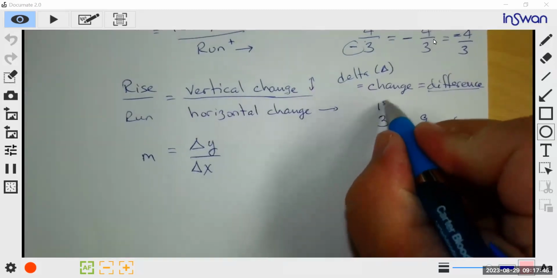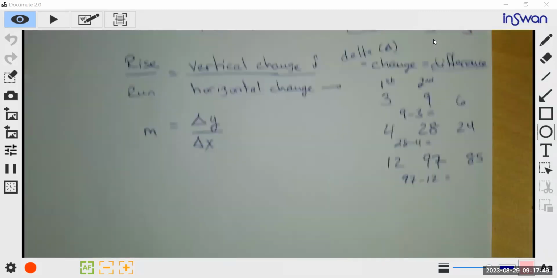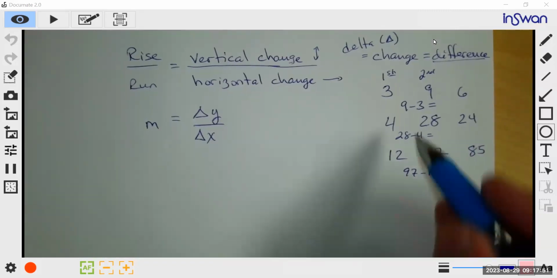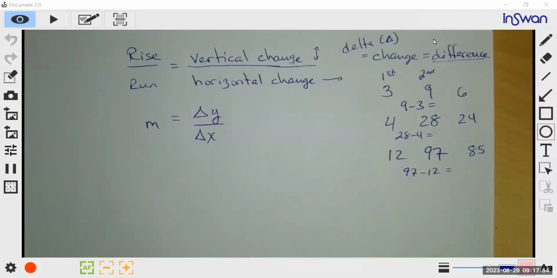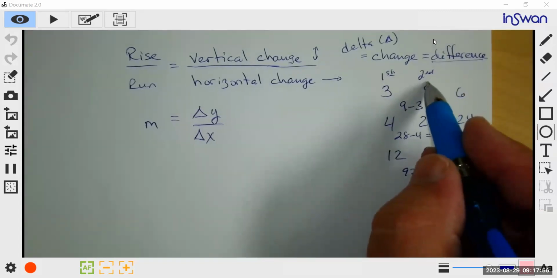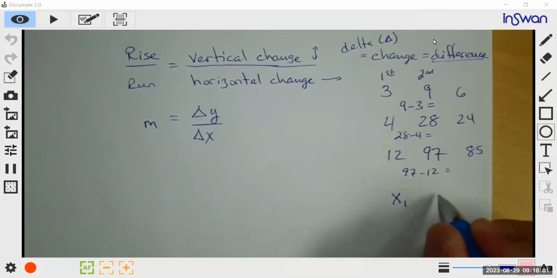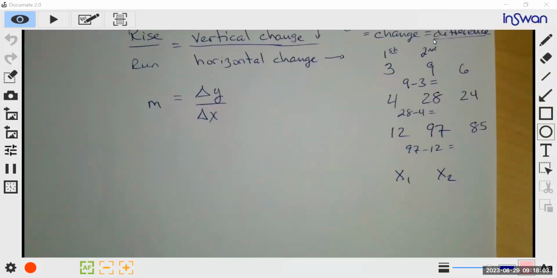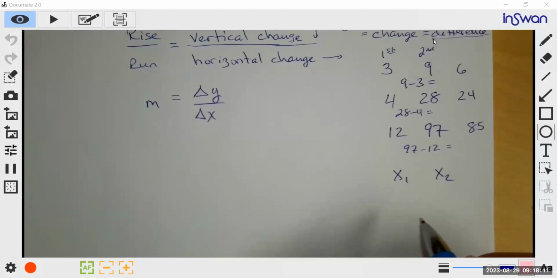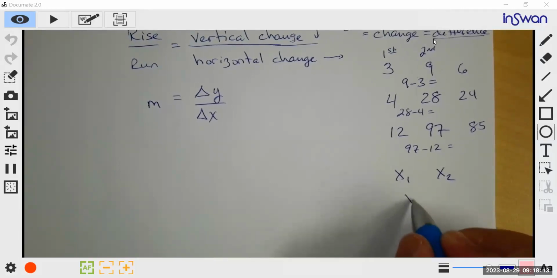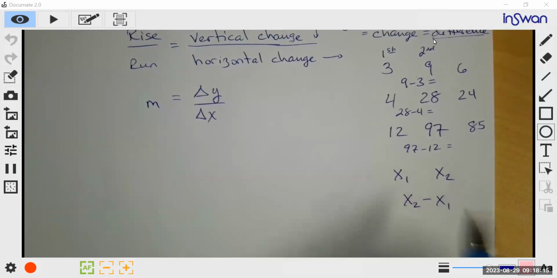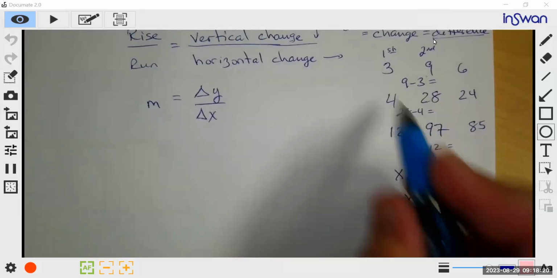So here's the first number, and here's the second number. What does each one of these tell us to do? Take the second number minus the first number. So if I had x1, here's my first x, and here's my second x, what do I do? How far are they apart? Sure you do. Same formula you've been using. x2 minus x1. The second number minus the first number. It's the same you've always been doing.